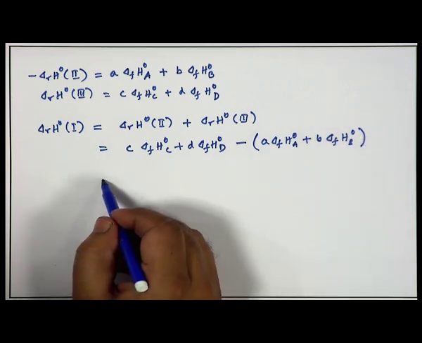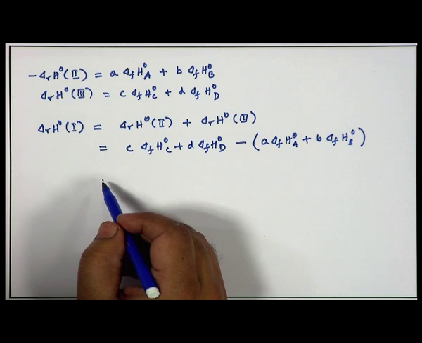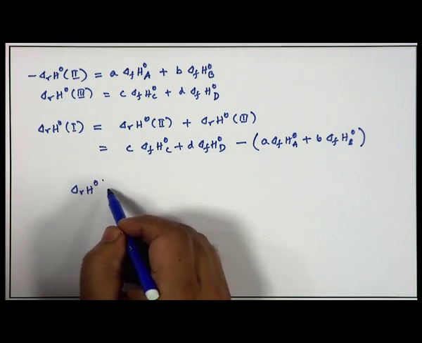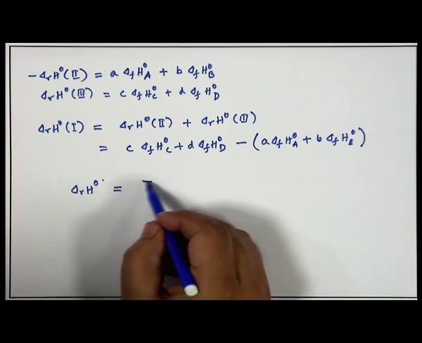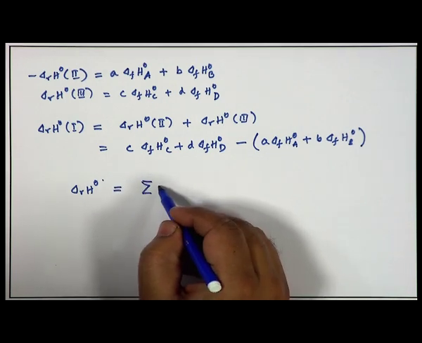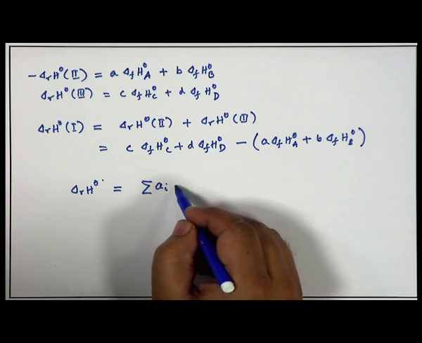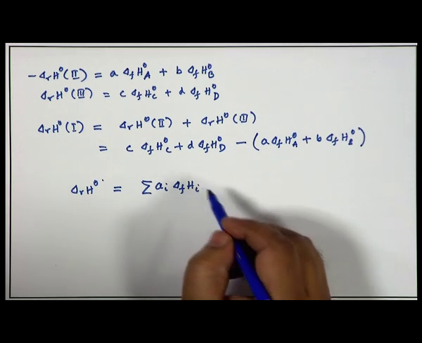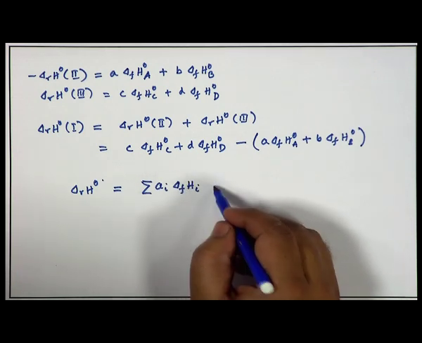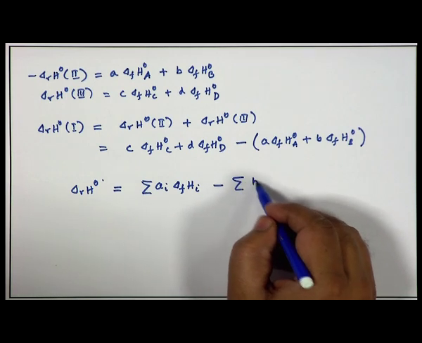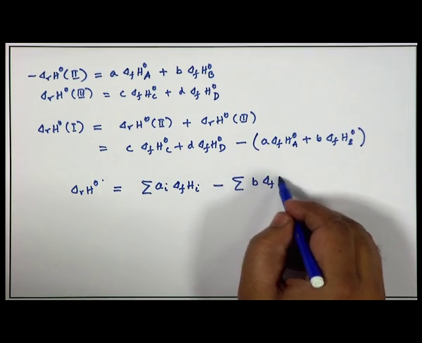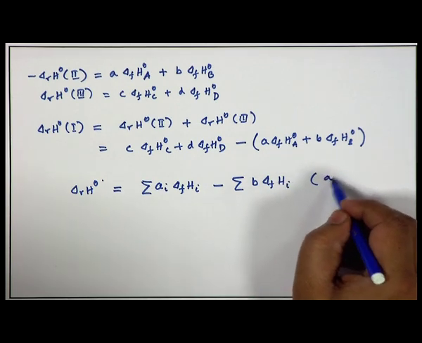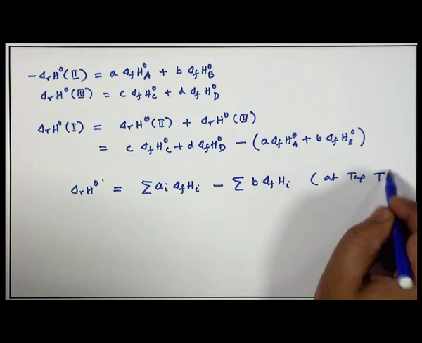In general, we can write the heat of reaction for any reaction as the summation of nu i H i for the products minus nu i H i for the reactants, at temperature T.